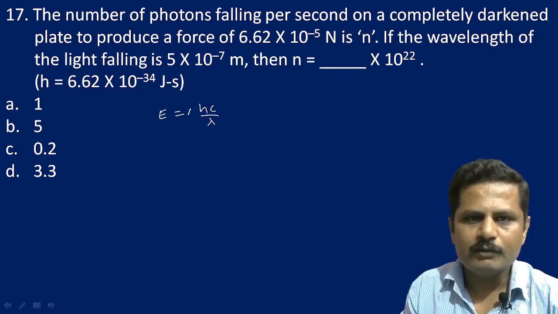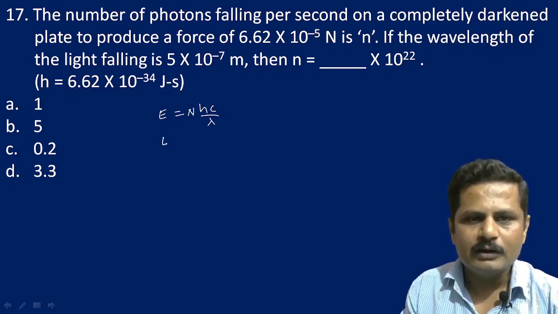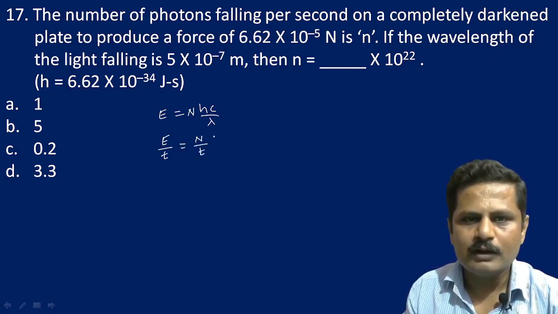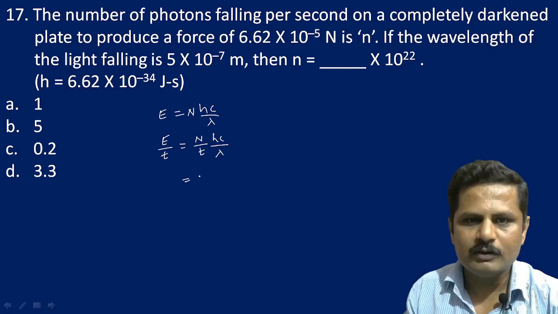If there are n photons, we can write n hc divided by lambda. Now E divided by T becomes power, that is, n photons per second times hc divided by lambda, and E divided by T is nothing but P.